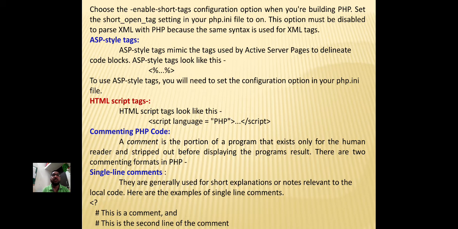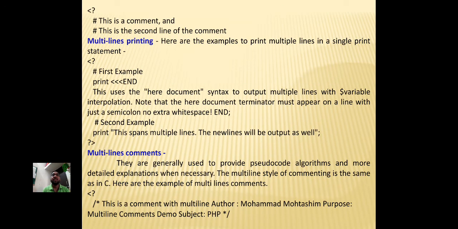They are generally used for short explanations or notes relevant to the local code. Here are examples of single-line comments. This is a comment and this is the second line of the comment.